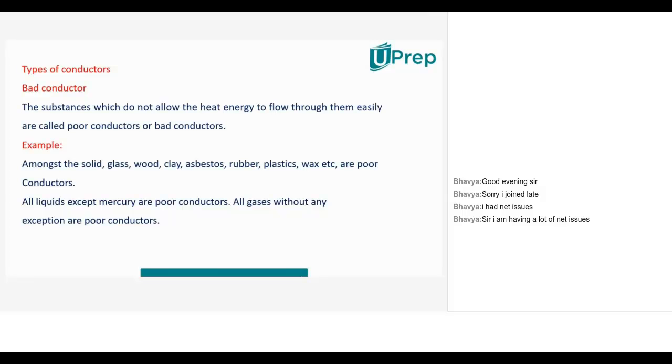It looks like plastic, but it is made with bakelite. Bakelite is a very poor conductor of heat energy. So that handle is made with bakelite, and even when you cook the food in it at a large temperature, you can hold that pressure cooker very easily, as you are holding bakelite material, which is not a good conductor of heat energy.